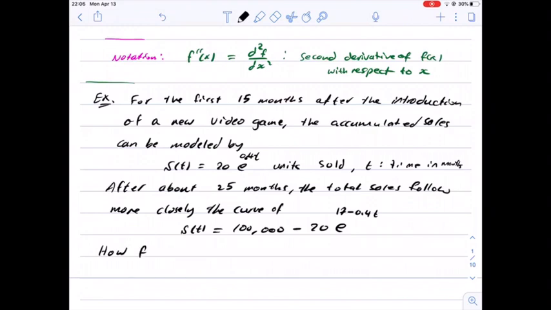Now the questions are, how fast are accumulated sales accelerating after 10 months?